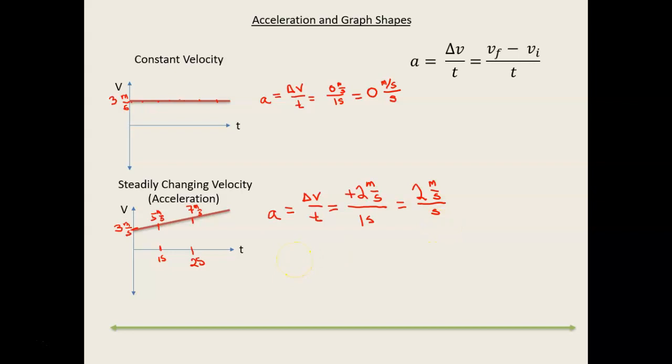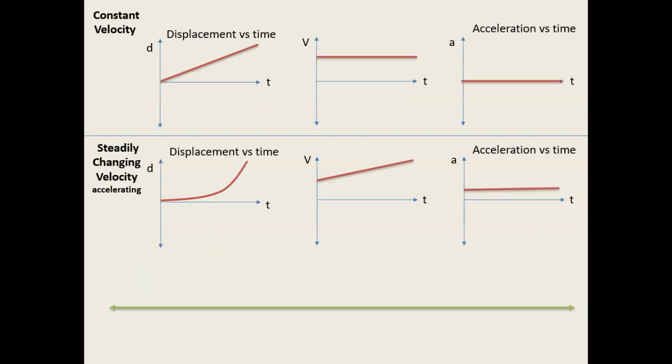Okay. All right, but today we want to focus not only on acceleration, we also want to focus on our two situations here, and we want to focus on graph shapes. And so the first thing we need to talk about is what exactly are we going to be graphing? And so let's look down here. All right, so there's going to be 3 graphs for each of these two motions, right?